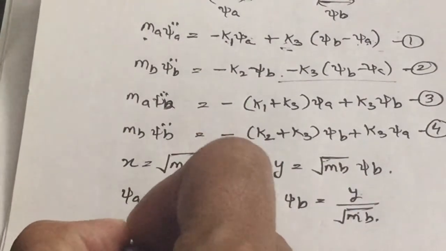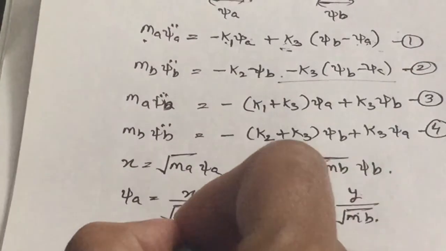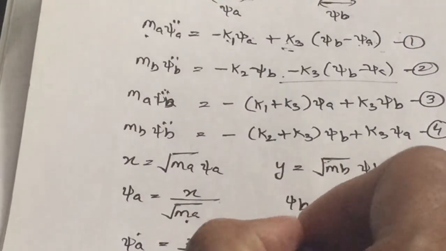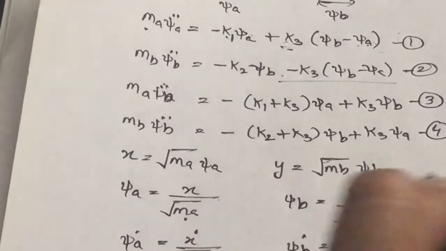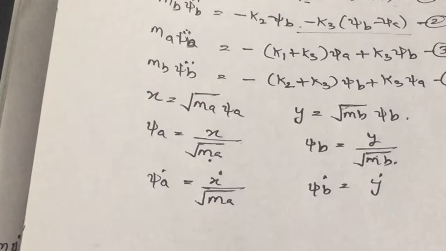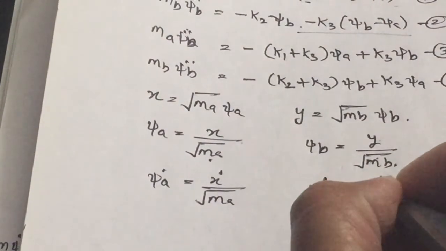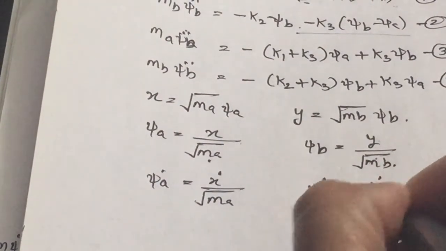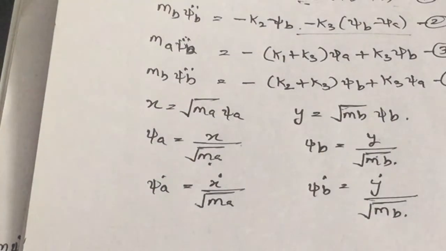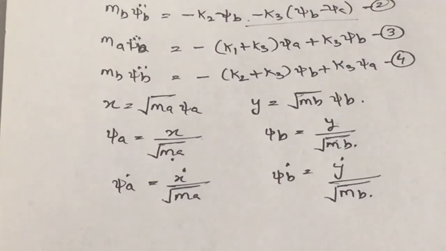We will have psi a dot is equal to x dot upon under root ma, and similarly psi b dot is equal to y dot upon under root mb, that is the velocity of the first particle and the velocity of the second particle in terms of x and y, the reduced coordinates. We will get this again by differentiating these two.